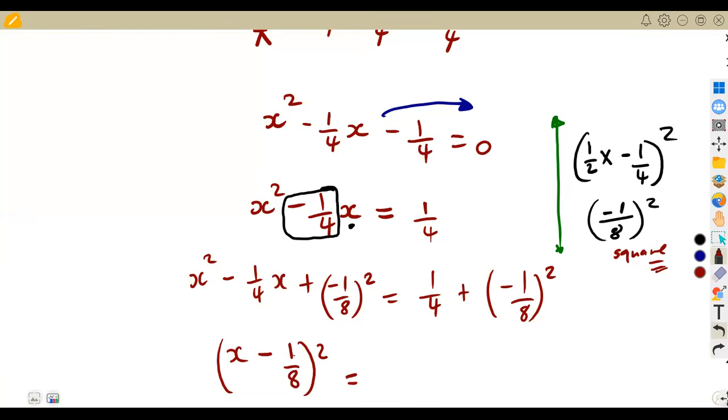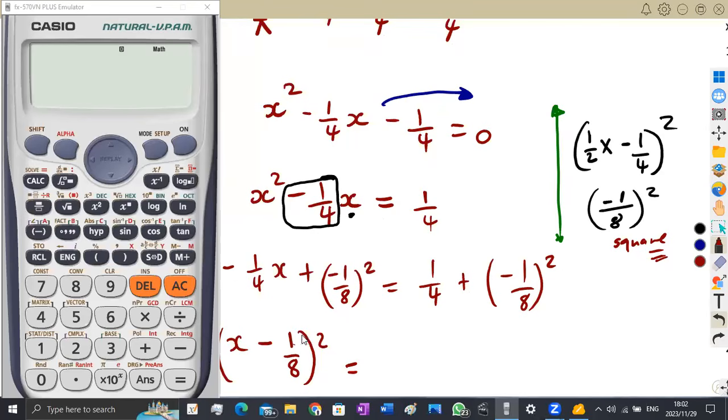Then you simplify the other side. If you check the other videos on completing the square, I've explained a lot about this, and what it actually means in this factorization. But in short, this is how you do your factorization, okay? Then on the right-hand side, there's no factorization here, just simplify negative 1/4 plus, open bracket, negative 1/8, to the exponent of 2.